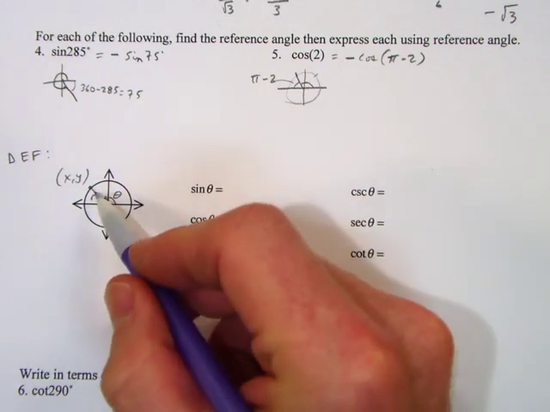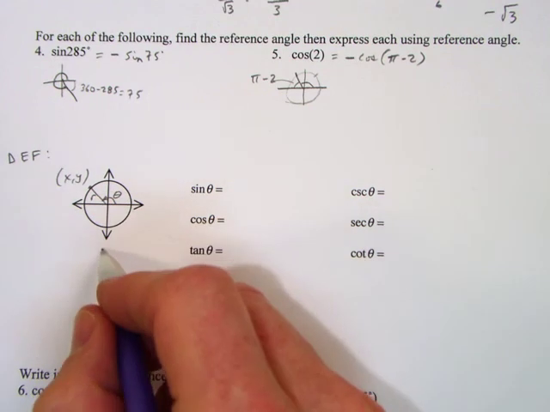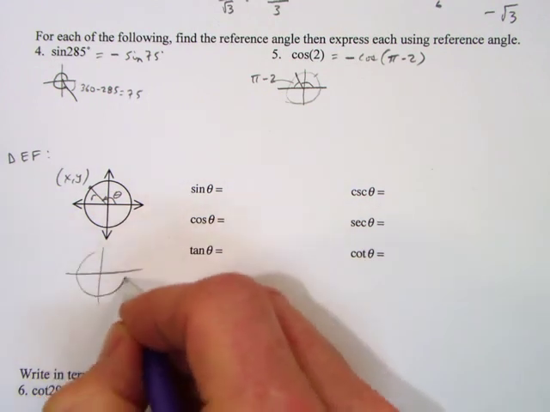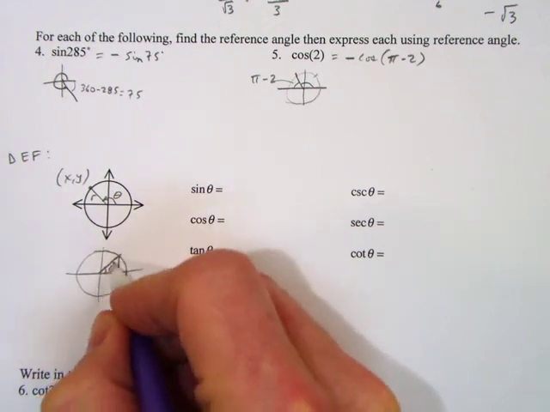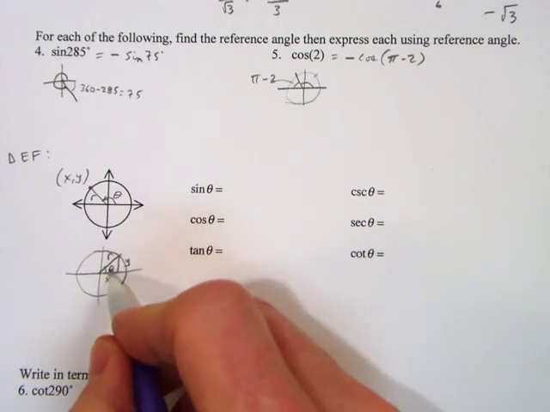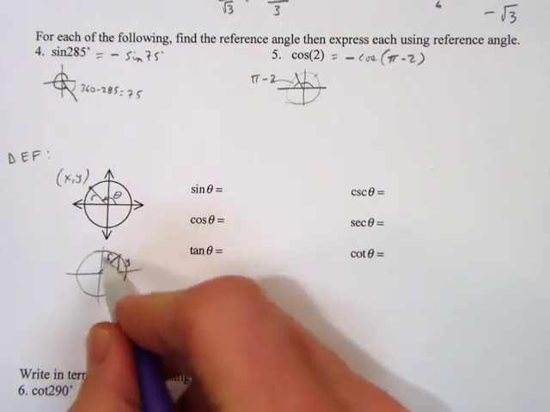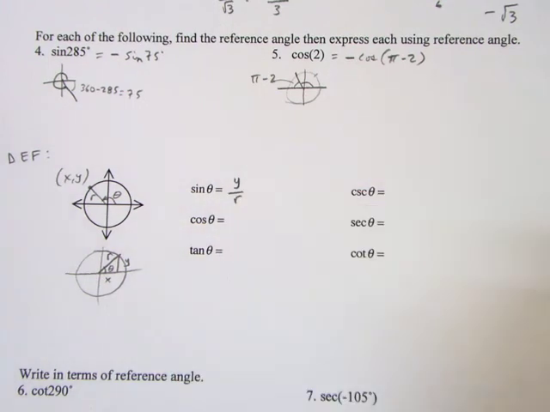And when we have a radius that's not 1, a simple way to see it, and I'll draw this, although it applies always if it was in the first quadrant, and this is theta and r, and there's y and x, we could say sine is opposite over hypotenuse, and that's what it is always.